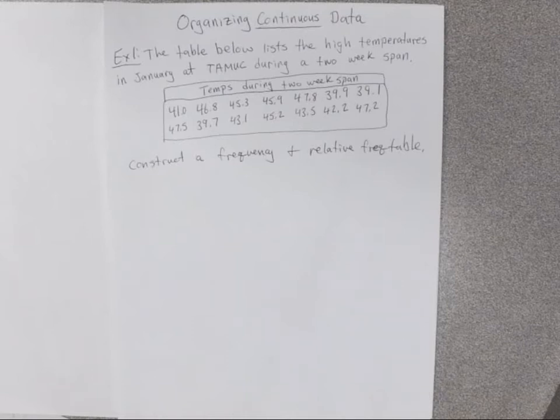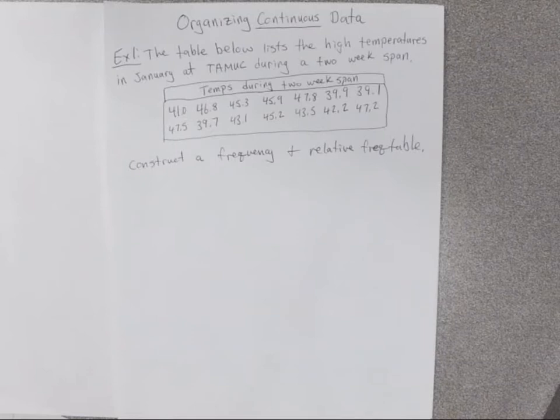So when we set up our observations, we want to know how many of these temperatures during this 2-week span are between 39 and 40 degrees. And we also want to know how many are between 40 and 41. So we're setting up intervals now instead of just a set specific number. And that's going to be the difference here.